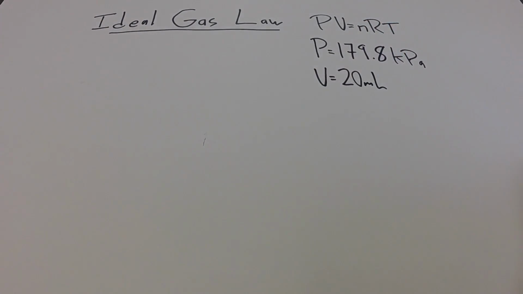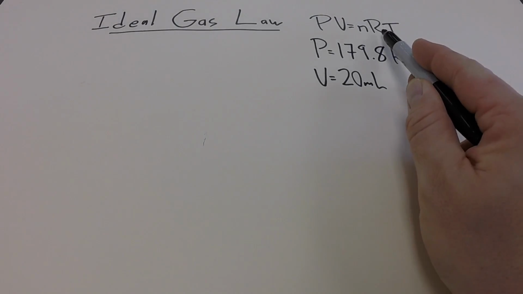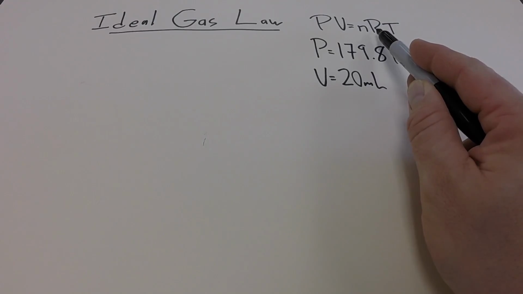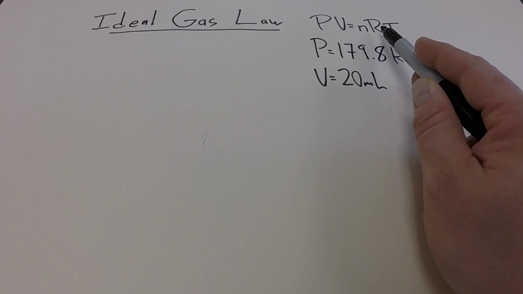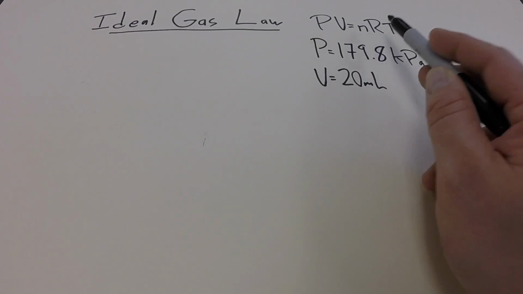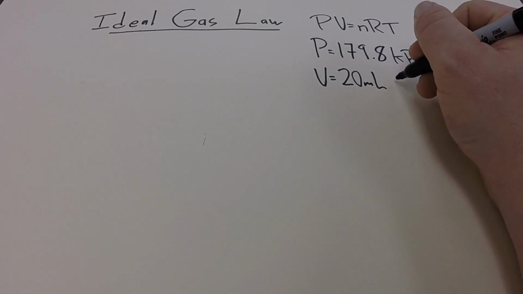Our volume is 20 milliliters. When you do ideal gas law problems, volume should be in liters. The reason why is that the R values you've been provided are called universal gas constants, and the volume in that number is in liters, so your volume needs to be in liters.